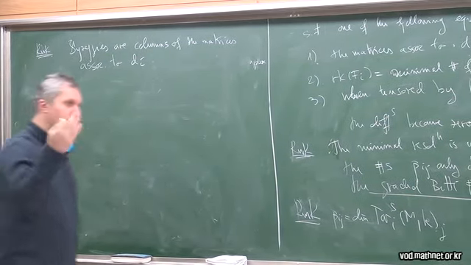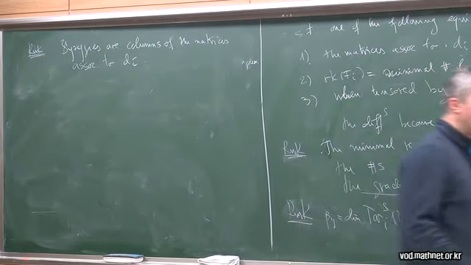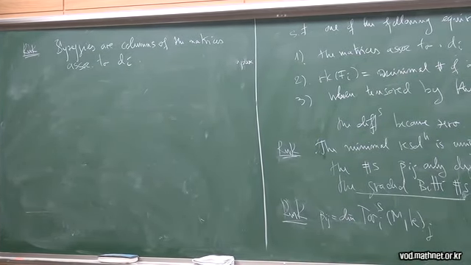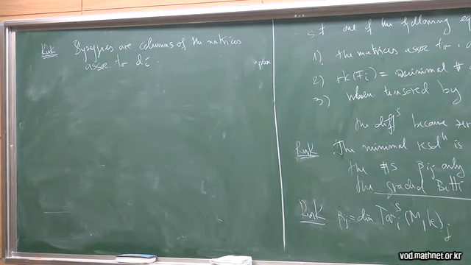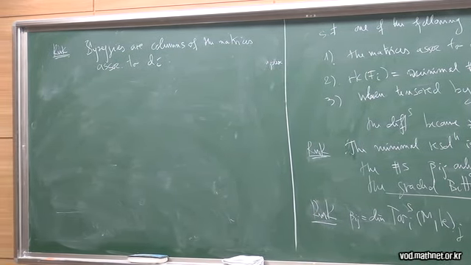So if we want to keep track of all the syzygies, we better look at these matrices, and the columns will be the corresponding syzygies.